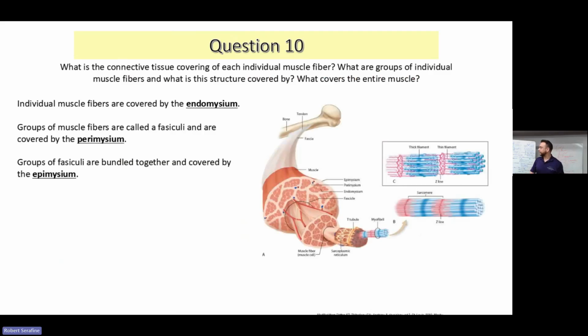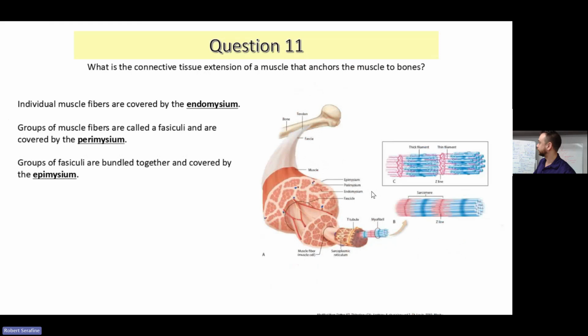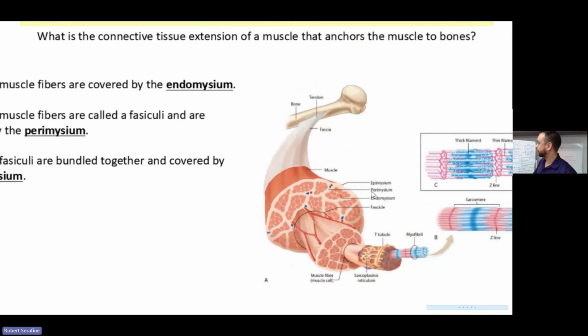So if you look at this breakdown of a picture of a muscle, this is essentially showing you the Russian nesting doll effect that we're looking at. So if we zoom in a little bit, we can see here's the myofibril, which is those chains of the sarcomeres that we looked at, Z line to Z line, with the H zone in the center.